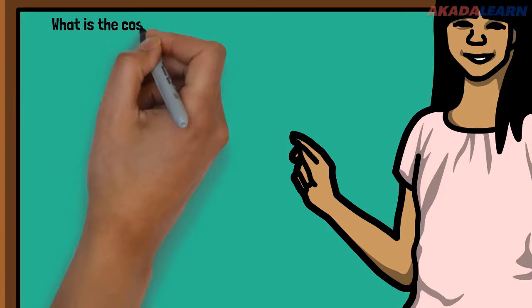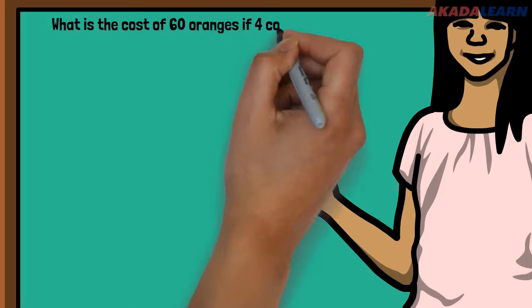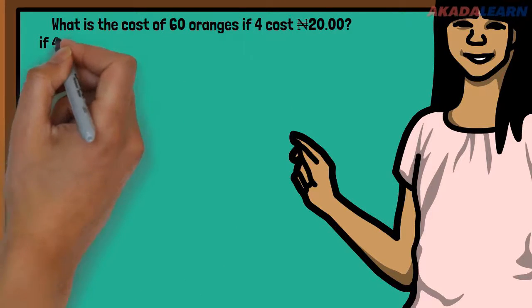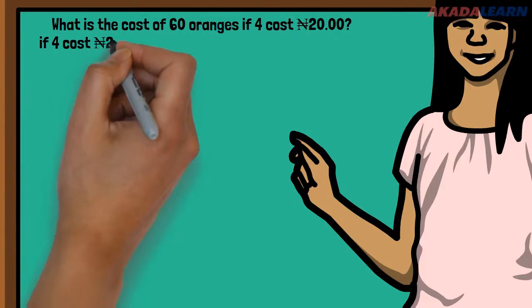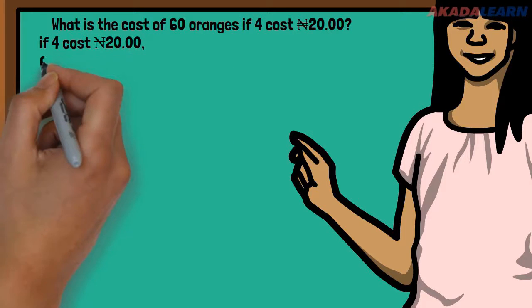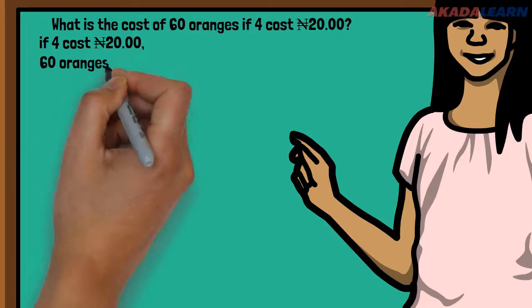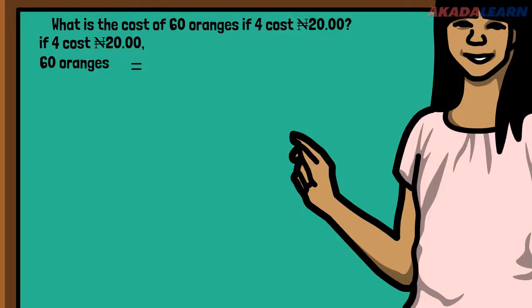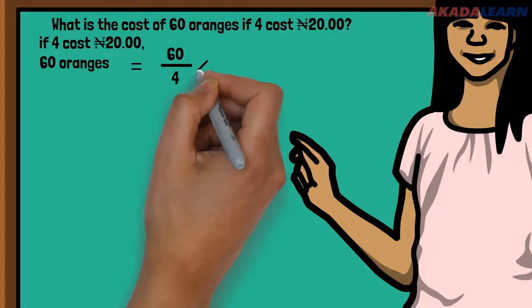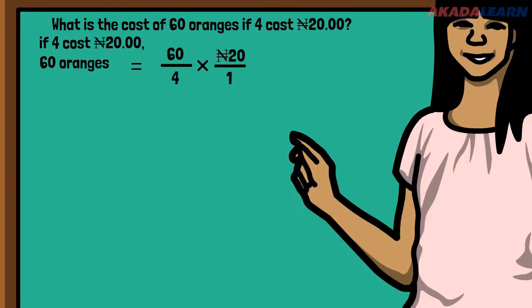So let's look at our next question. What is the cost of 60 oranges if 4 costs 20 naira? So if 4 costs 20 naira, 60 oranges will be equal to 60 over 4 times 20 over 1.